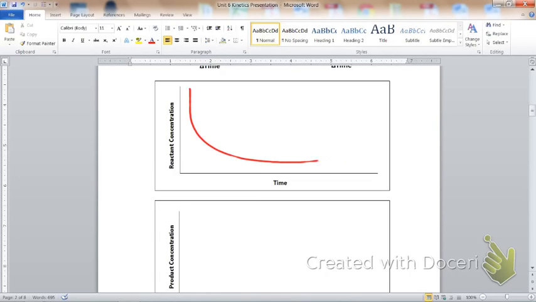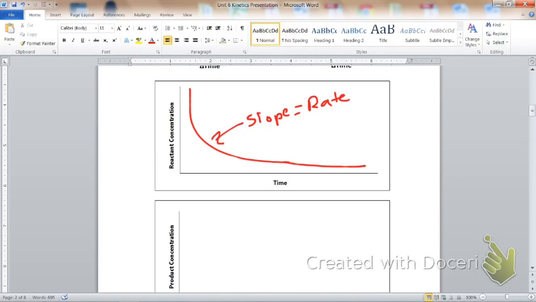All right, when we fix this curve just a little bit, it should be more like this. And so what we see by this curve is that, first of all, the slope of this is equal to the rate.